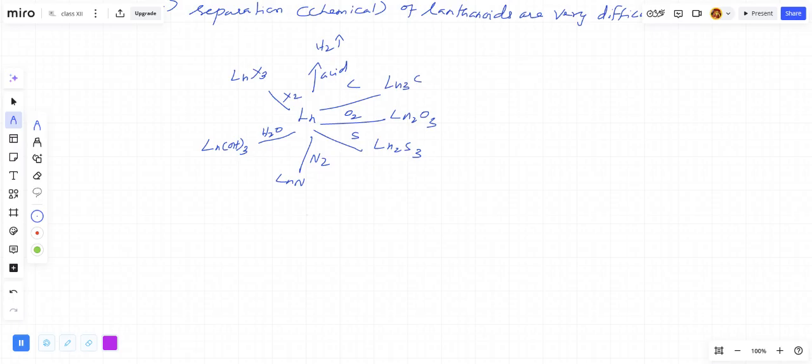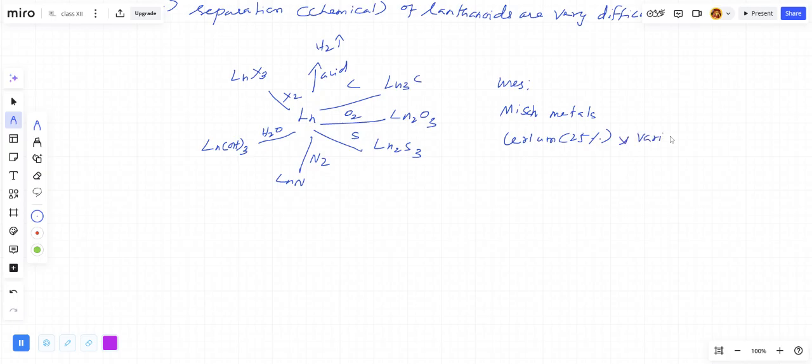Now the uses: misch metal is very important. Misch metal is an alloy of cerium, about 25%, and various other lanthanoid elements.